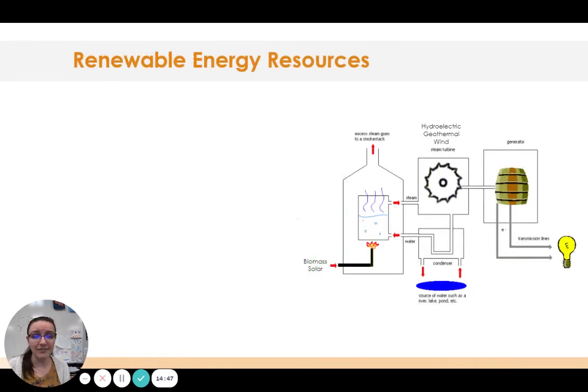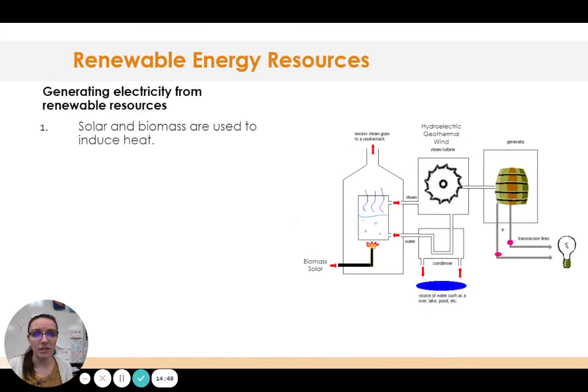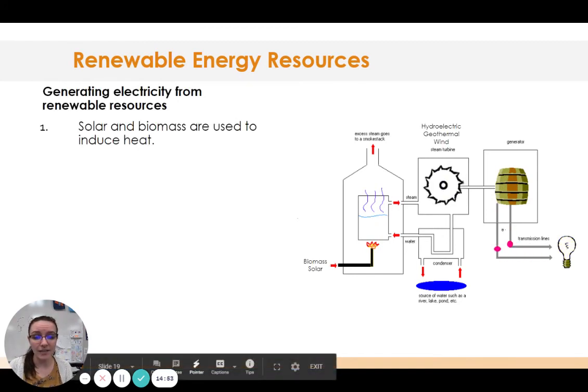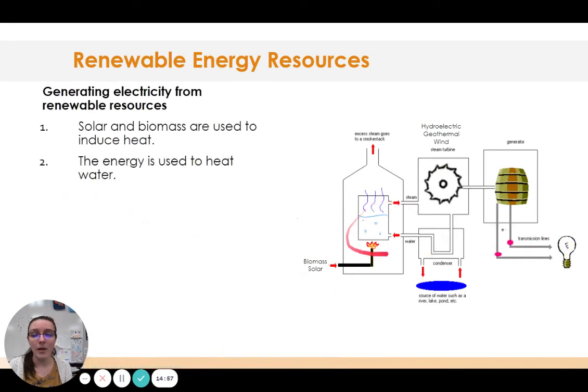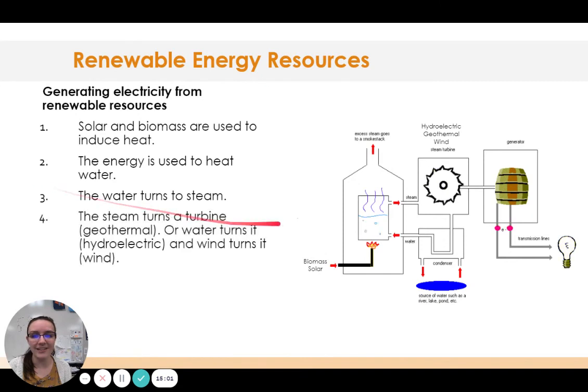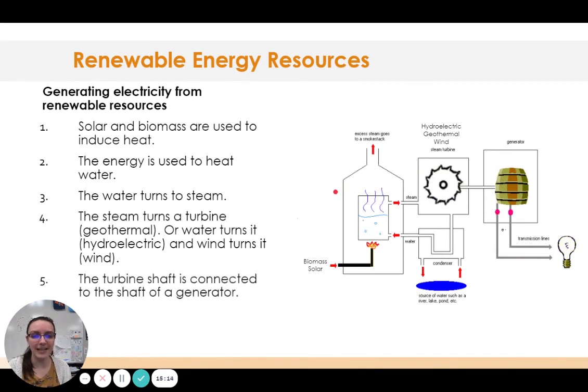So for all of these different things, how are they generating energy? Solar and biomass, you generate heat that will heat water, and the steam from that water turns a turbine. Geothermal, the steam by itself that just exists, is turning a turbine, or hydroelectric or wind, the water or wind can turn a turbine.